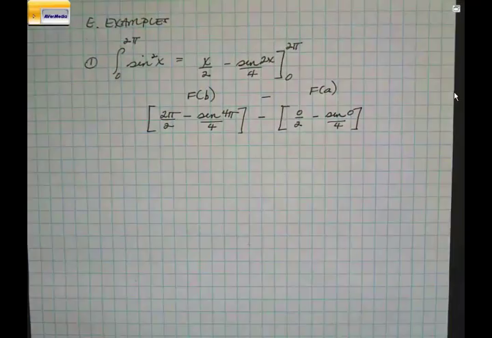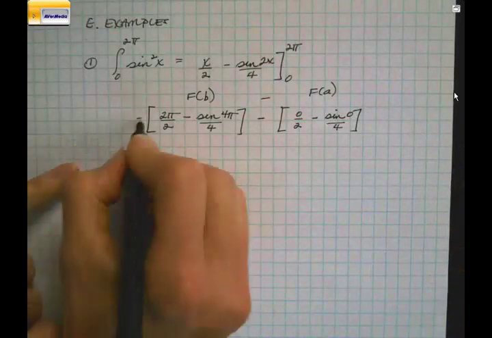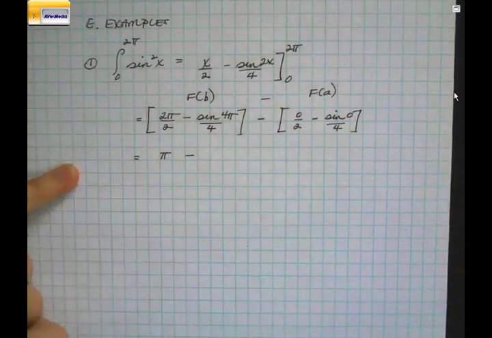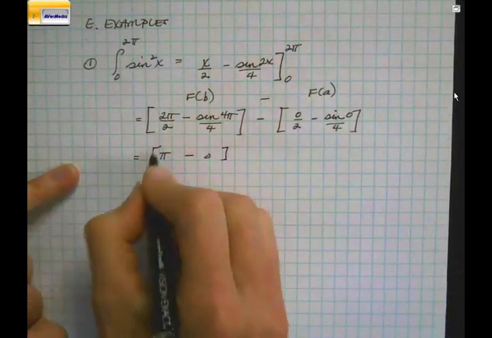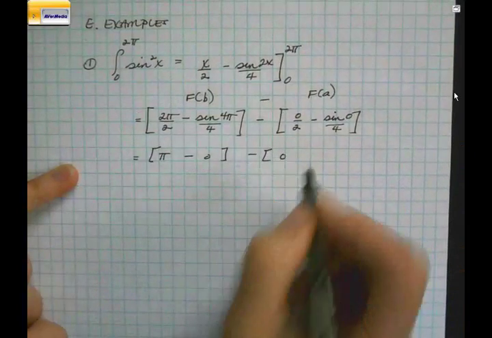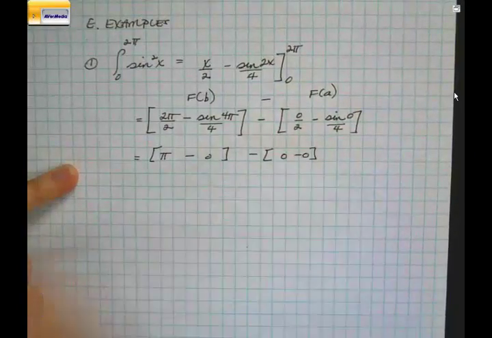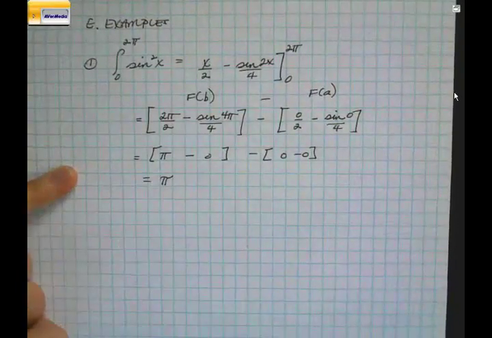Not as many details as we saw in some of those examples we were doing in the last section. It's not going to take a whole page to evaluate this. So this is equal to pi minus sine of 4 pi is like sine of 0, which is just 0. So this is pi minus 0 minus, this is 0. Sine of 0 is 0. Well, isn't this fun? So the answer is just pi.